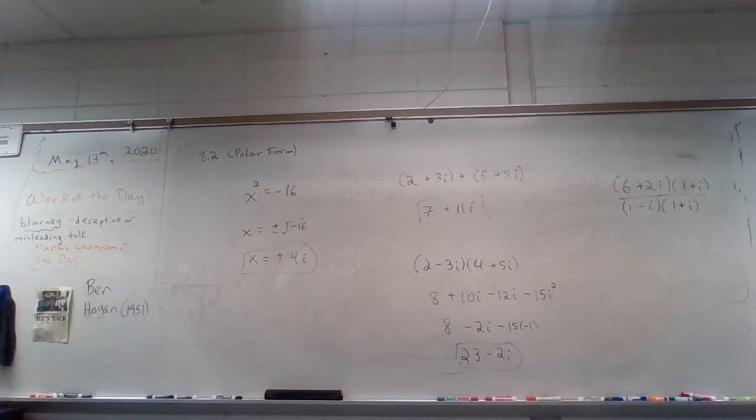In this case I would have 6 plus 6i plus 2i plus 2i squared in the numerator. In the denominator, the i and minus i cancel, leaving minus i squared. So 2i squared is -2, and this is really 4 plus 8i divided by 2. Of course I could divide each one of those by 2 and get 2 plus 4i.